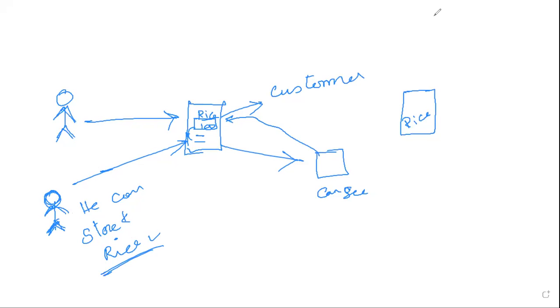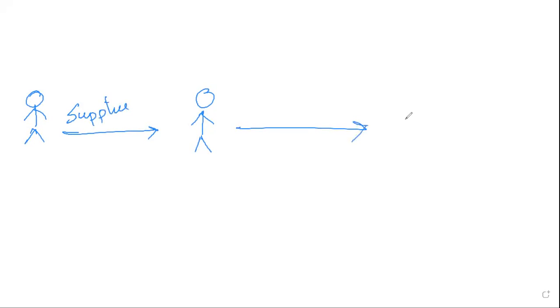Clear? So basically, there is a shopkeeper, and he gets something from a supplier, and he sells this to his customers. All three use our app.